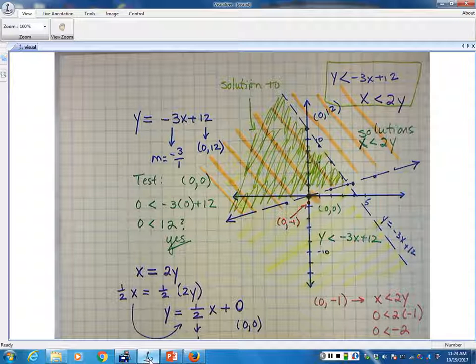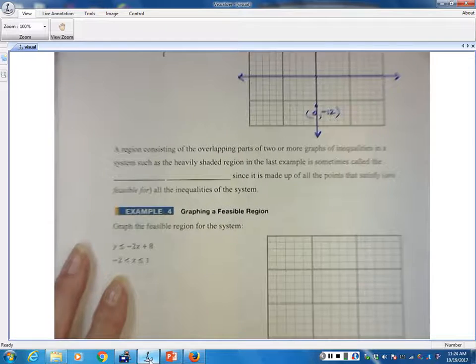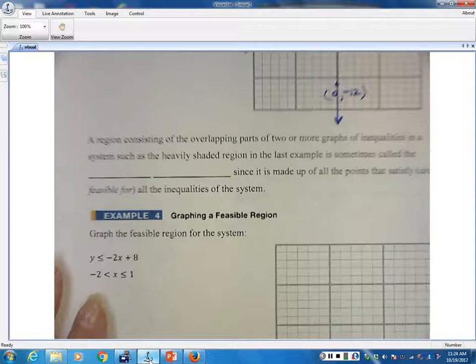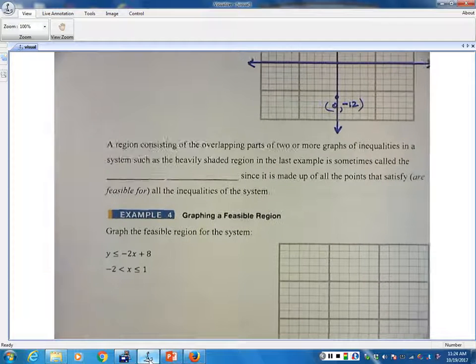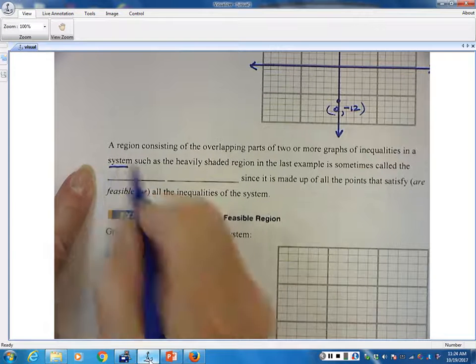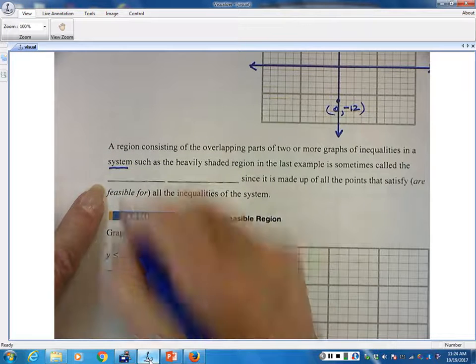So we need to get a little terminology out of the way here. The region consisting of the overlapping parts of two or more graphs of inequalities in a system, such as the heavily shaded region in this example we just looked at, is called the feasible region.